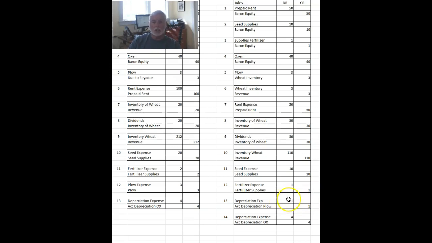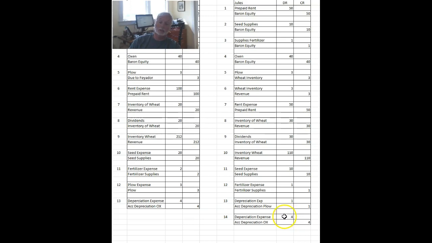The plow costs 3 bushels of wheat, but it lasts for 3 years. So he's used up 1/3 of the value of the plow. So we're going to record a depreciation expense, and we're going to reduce the value of the plow by recording accumulated depreciation. And the ox can be productive for 10 years.